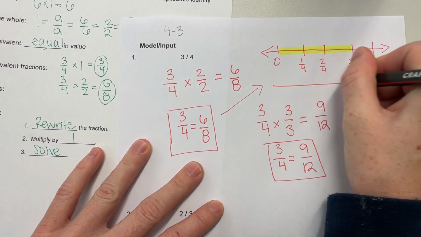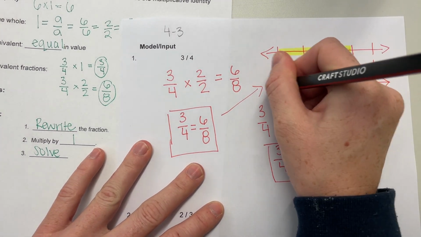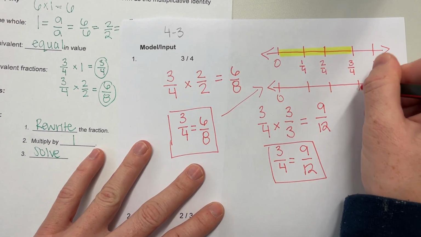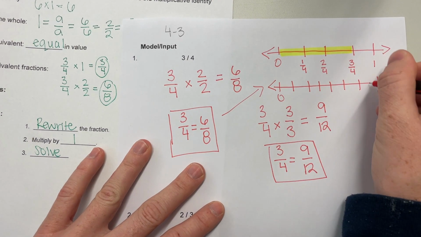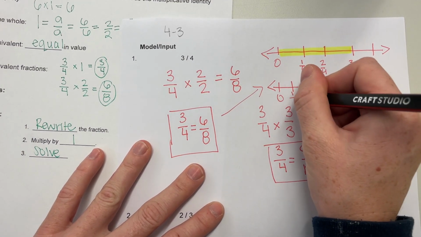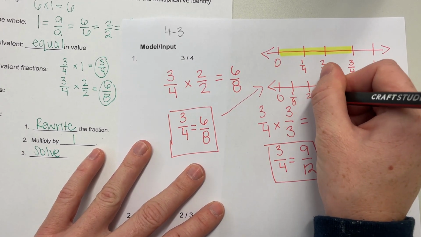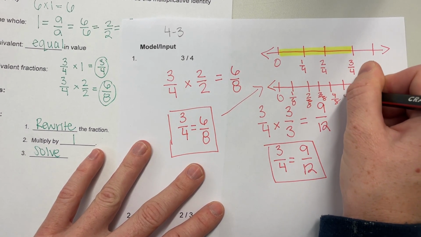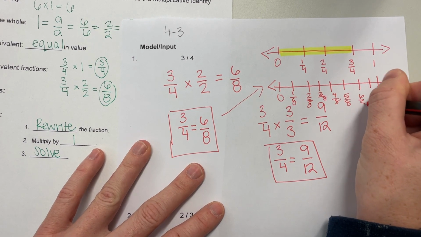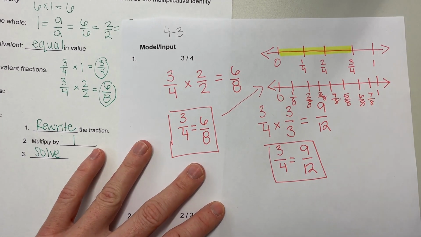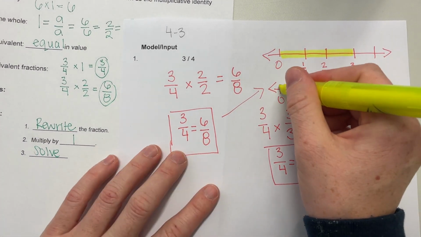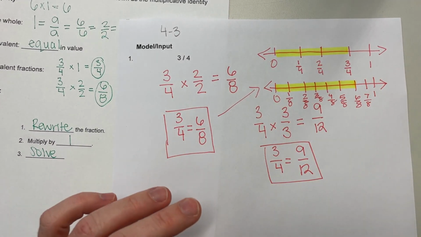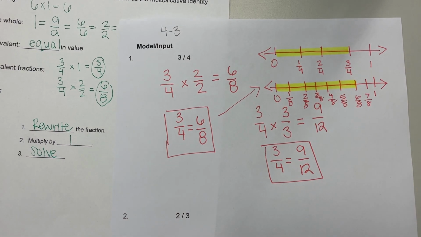And then 6/8, 7/8, and then 8/8 is one whole. 6/8, they're the same value. They just look a little bit different.